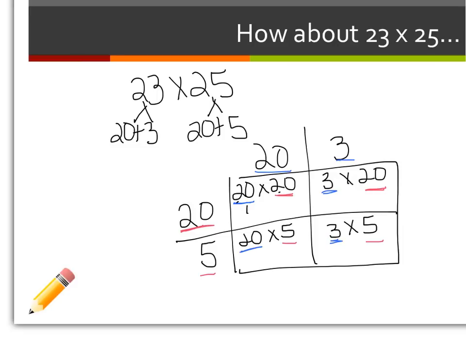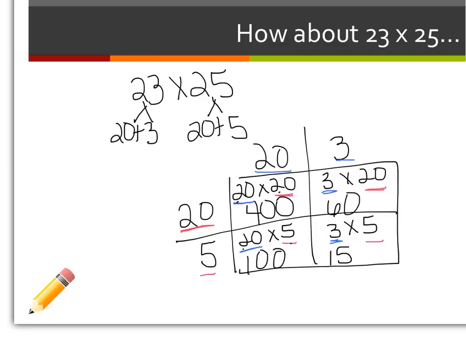2 times 2 is 4, with 2 zeros gives me 400. 3 times 2 is 6, with 1 zero gives me 60. 2 times 5 is 10, with 1 zero gives me 100. And 3 times 5 is 15.